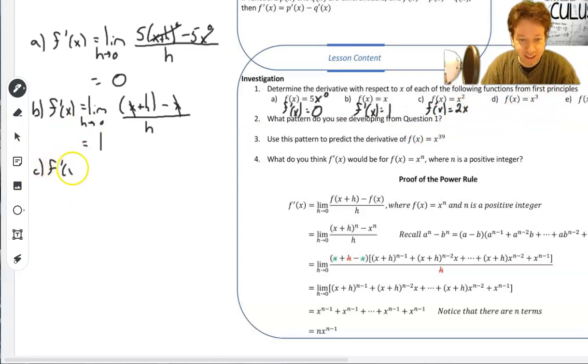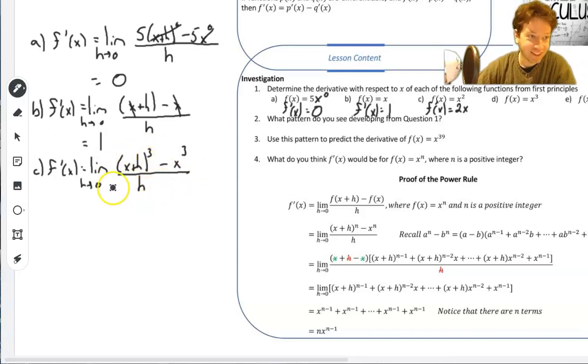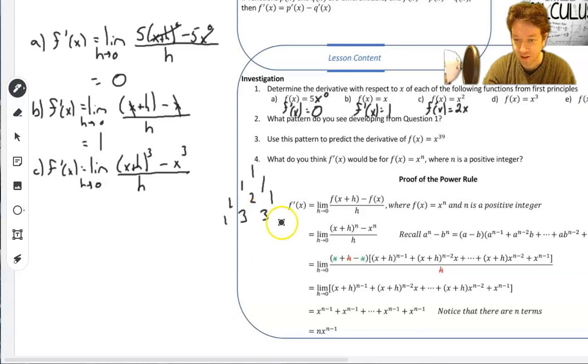All right. So f prime of x then will be the limit as h approaches 0 of x plus h cubed minus x cubed all over h. You can expand this out. You can do it the long way, or if you remember Pascal's triangle, you can do it that way, which is like this. 1, 1, 1, 2, 1, 1, 3, 3, 1.